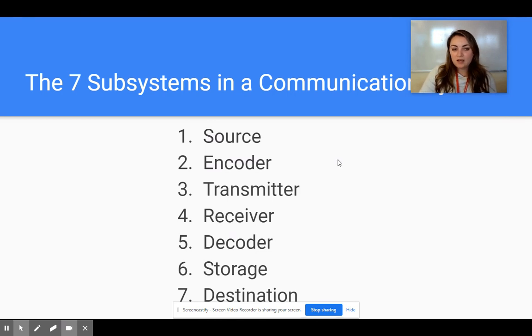All right. And so we're going to go through each of these subsystems. We're going to type in the definition, and we're also going to look at 3 different examples of communication systems. We're going to look at a computer, we're going to look at a radio, and we're going to look at a cell phone call. And we're going to talk about at what point in that system do we find the source or the encoder or the transmitter or the receiver.